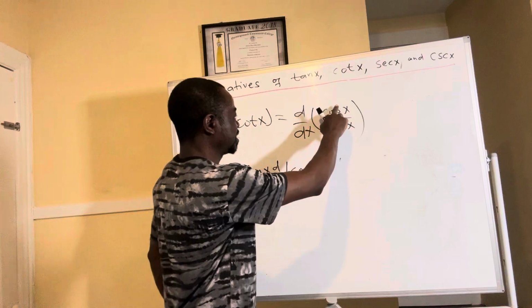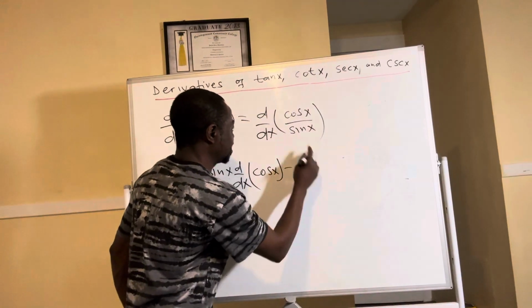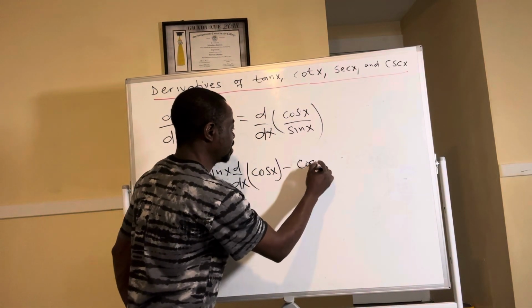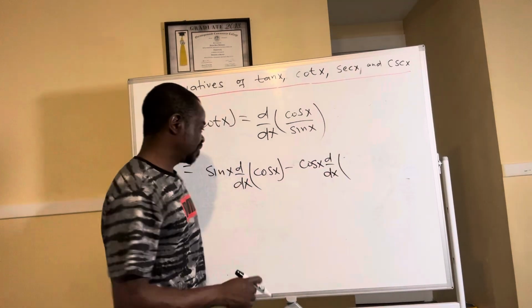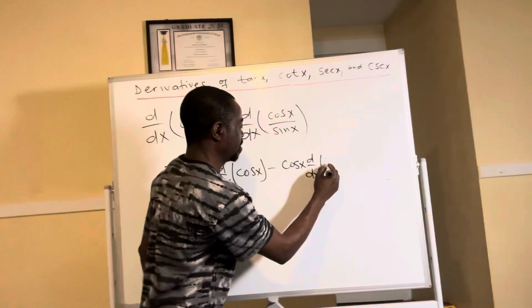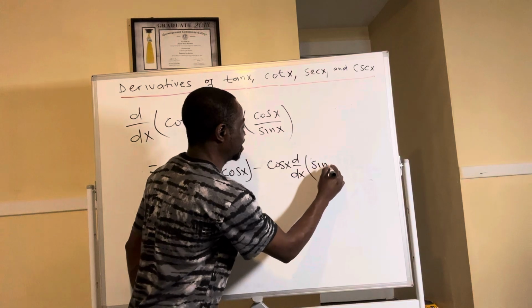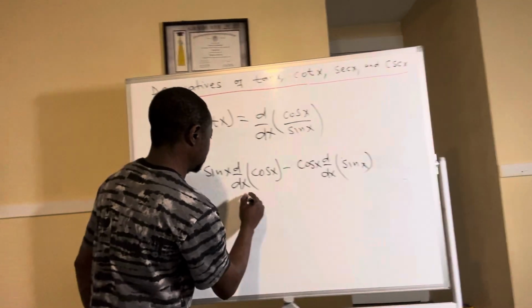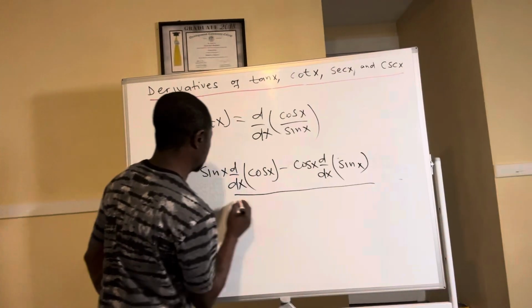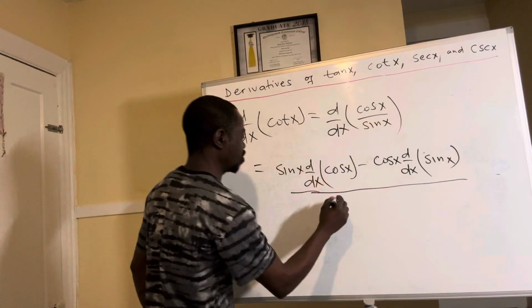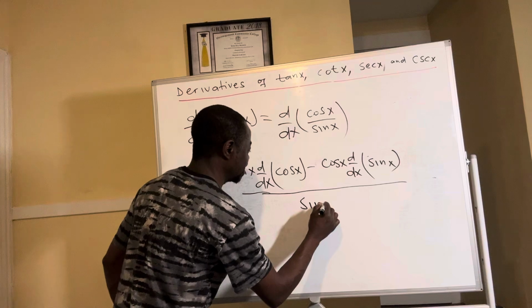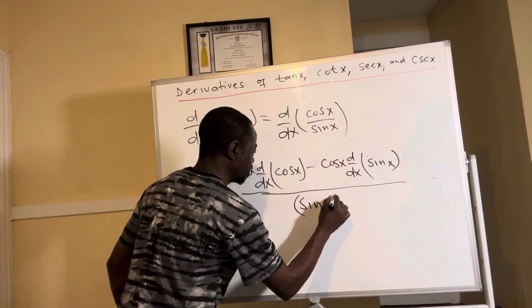Then we hold the guy at the top as constant, then we take the derivative of the guy at the bottom, which is sine of x. Then this is all over the square of the guy at the bottom, sine x squared.